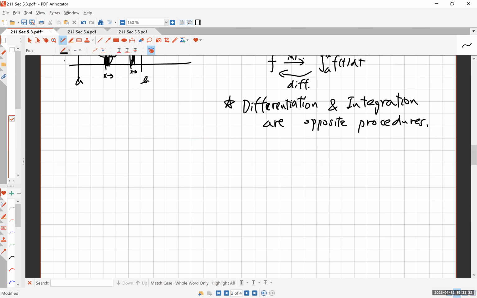It's worth writing in purple. All right, so what does it say? The fundamental theorem of calculus. Now there is a second part. So I'm going to call this the fundamental theorem of calculus part 1. There is a part 2 coming, which is also extremely wonderful.